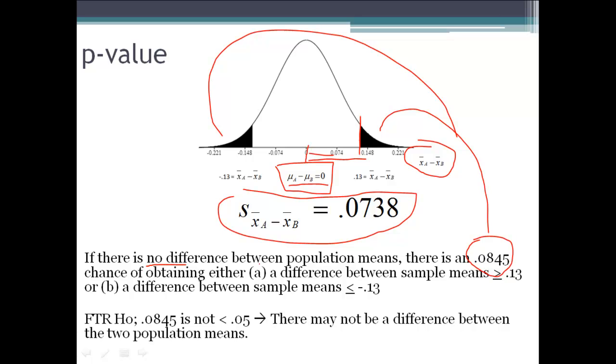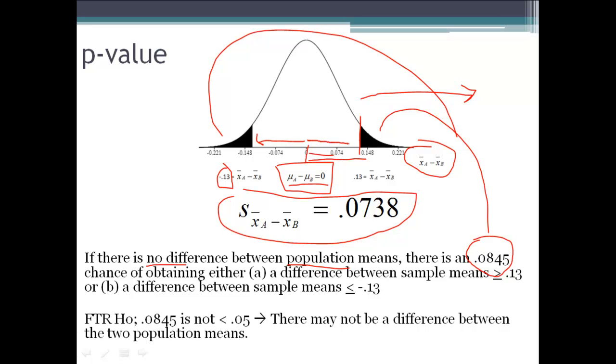If there's no difference between the population means, then there is a p-value chance of obtaining, for the two-tailed test, a difference between sample means, that's x bar A minus x bar B, greater than or equal to 0.13, or looking at the other side, now we're going to have minus 0.13, the same distance from the mean that we had over here.